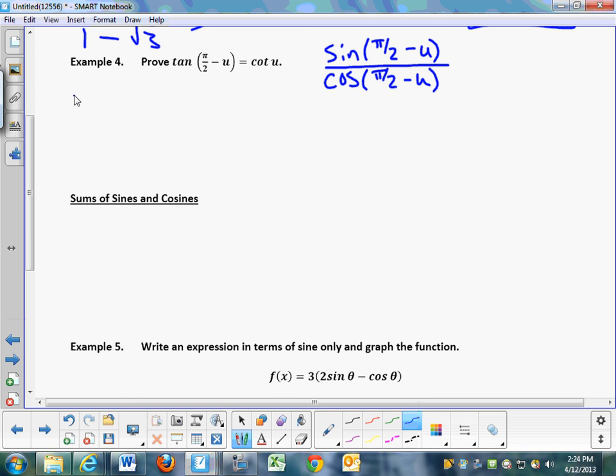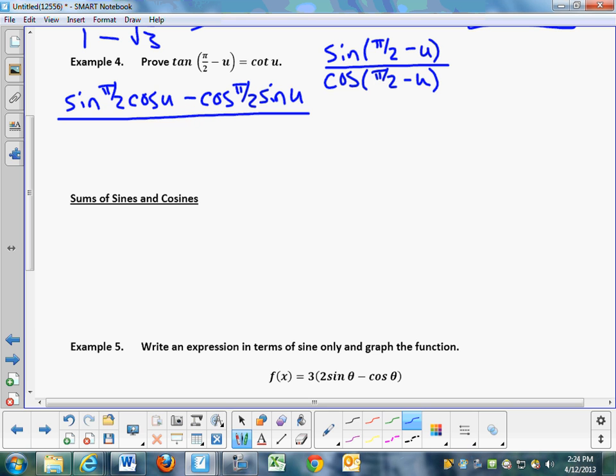So if we rewrite it, we get the sine of pi over 2 times the cosine of u minus the cosine of pi over 2 times the sine of u, over, does everybody know where I got that? It's a formula. That goes over cosine of pi over 2 times the cosine of u plus the sine of pi over 2 times the sine of u.